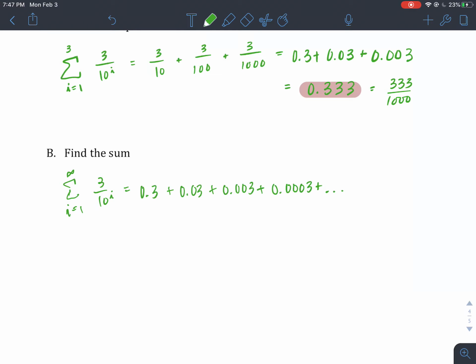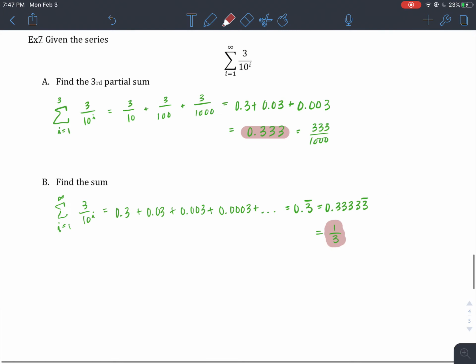You can see each new term is just pushing that 3 one digit further along the line, one digit further along the line, one digit further along the line. And so when I add these all up, this is just going to be 0.3 repeating. That's 0.33333, and it just keeps going, never ending, or 1/3.